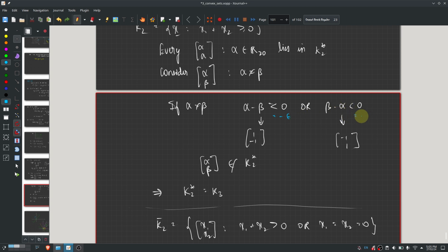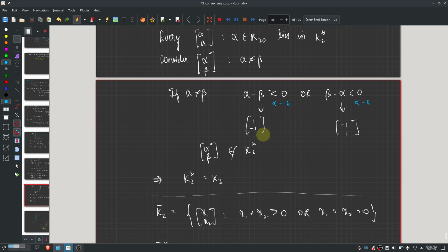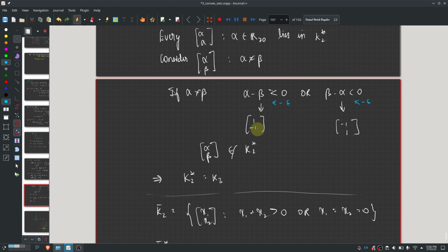I can always find an epsilon such that this happens, right? Then in that case, all I need to do is just consider (1, maybe minus 1) times minus epsilon. Let's see, alpha minus beta. So maybe I need to be a little more careful. Beta.